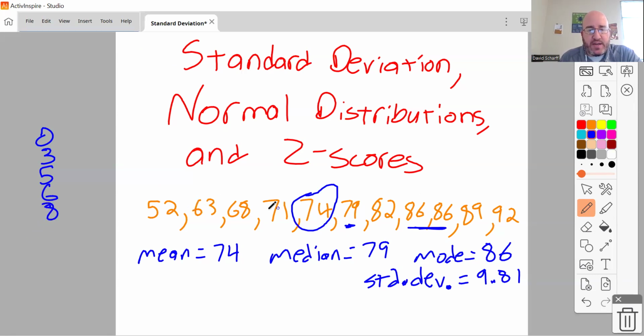Y'all get the idea. So you're getting the distance all these numbers are from the mean. You're going to have 11 distances, including one for 74, which was 0. The total I got when I added them all up was 108, divided by 11, which is what gives you the 9.81.